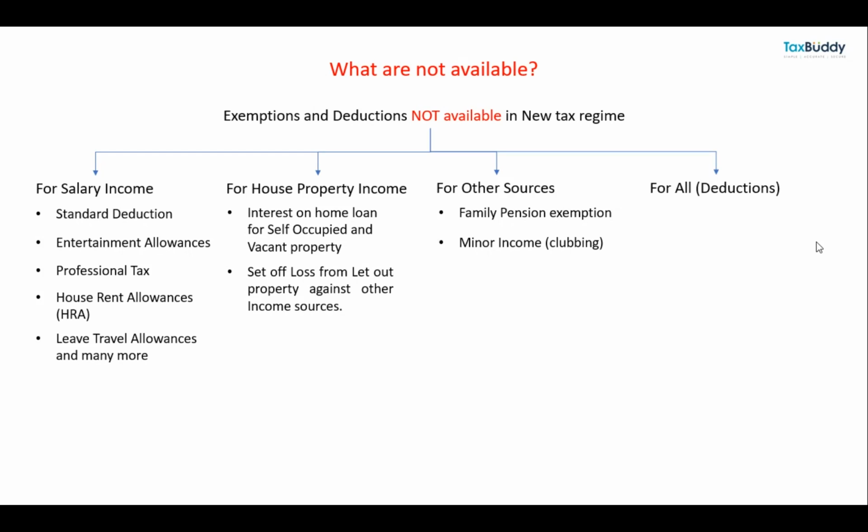Coming up to the fourth category, which is for all, which is basically the deduction under Chapter 6A, which includes Section 80C to 80U. All these deductions are not allowed.